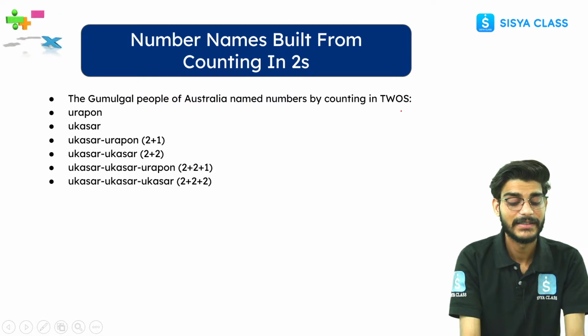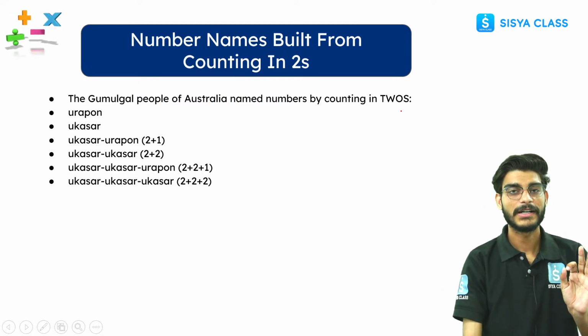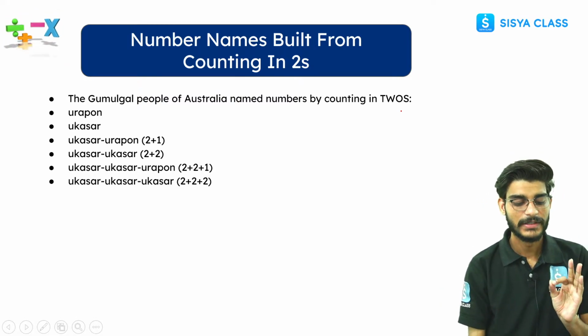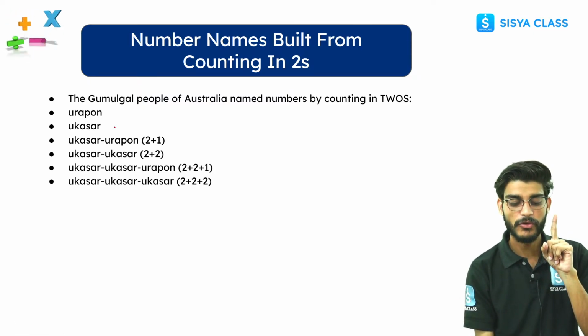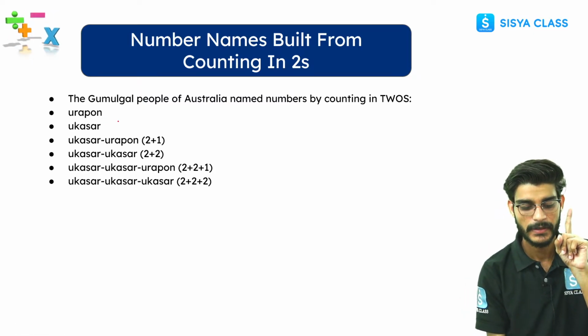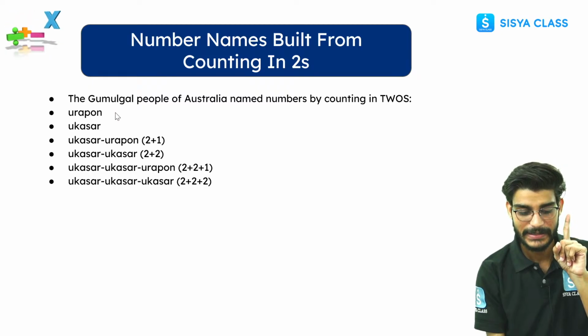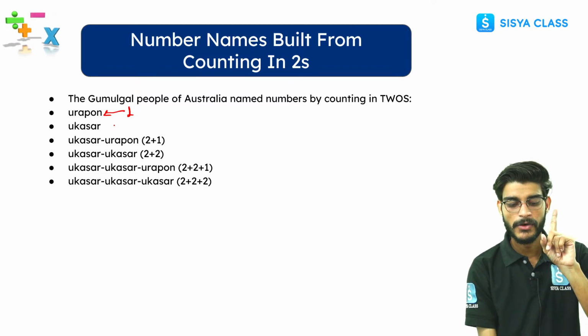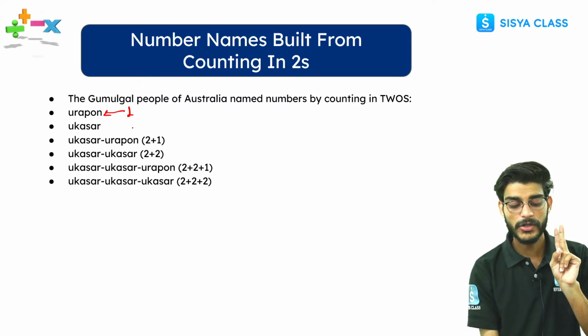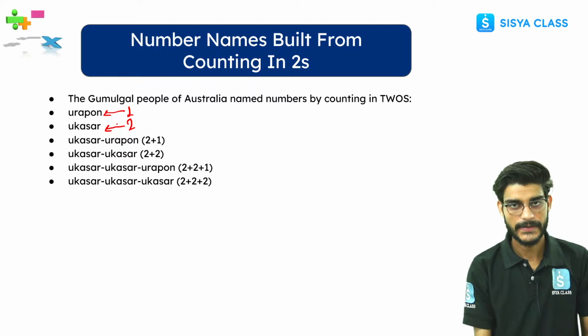Okay, now let's see the number names that are built from counting in twos. Counting in twos means, suppose for 1 the name is given as Urapon. For 2 how can you write 2? For 2 it is Ukasar.